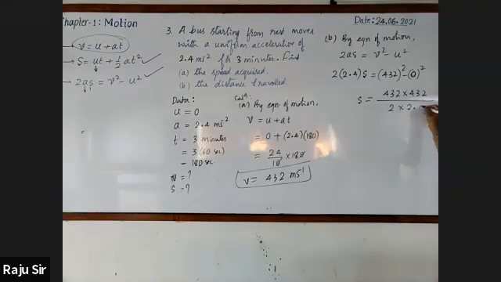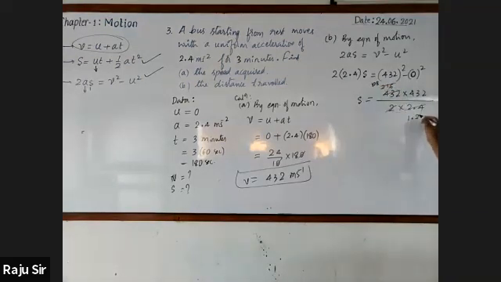2 into 2.4. Now you may go for cancelling by 2. 2 ones are 2, 2 twos are 4, 2 sixes are 12. 216. Then 2 into 1.2. Here again you can cancel it by 2. 2 ones are 2, 2 fifty-fours are 108.